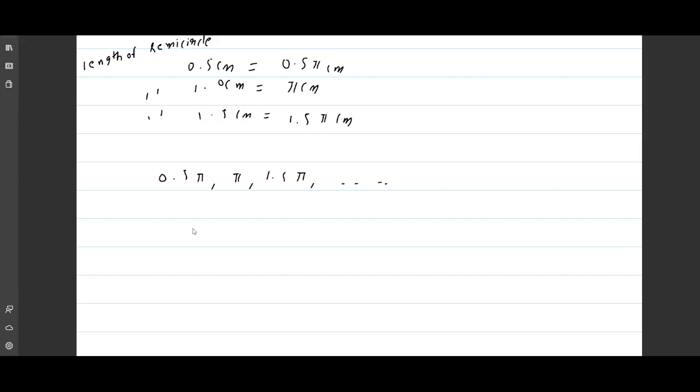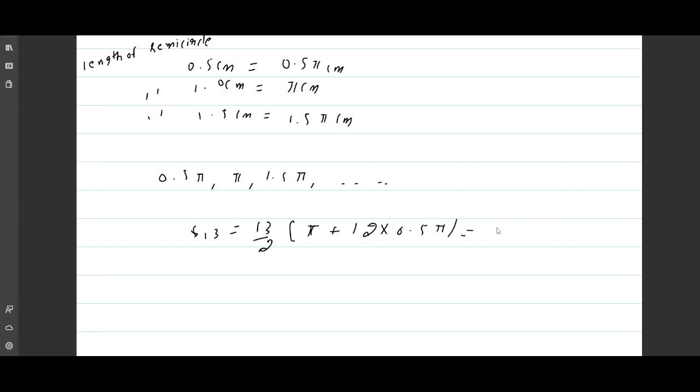So S13 is equal to 13 by 2 into 2a, so this is equal to 0.5 pi into 2 plus n minus 1, that is 12, into d, where d is 0.5 pi.